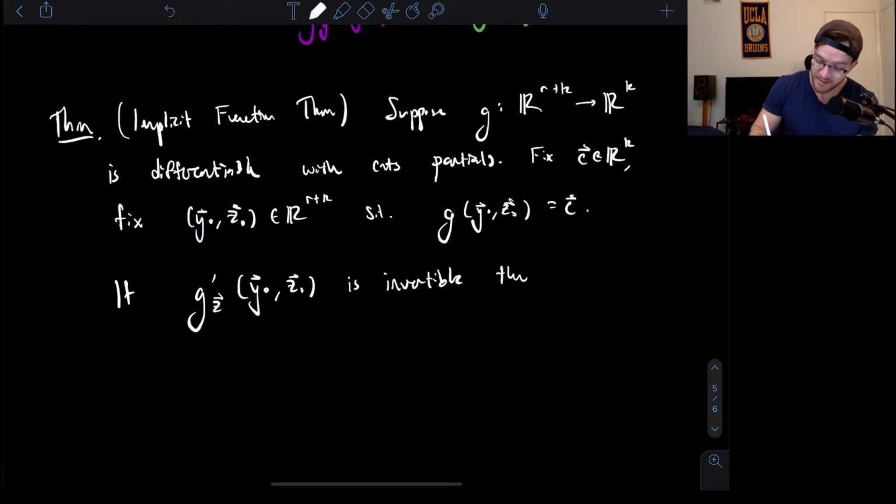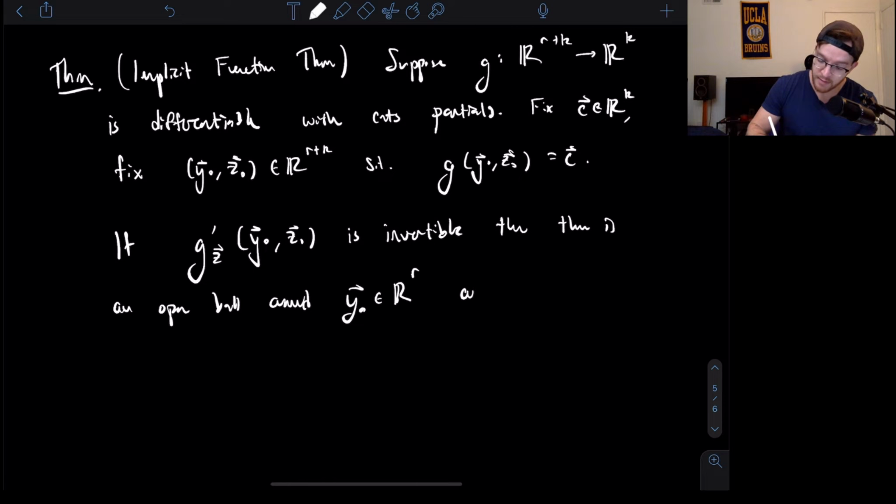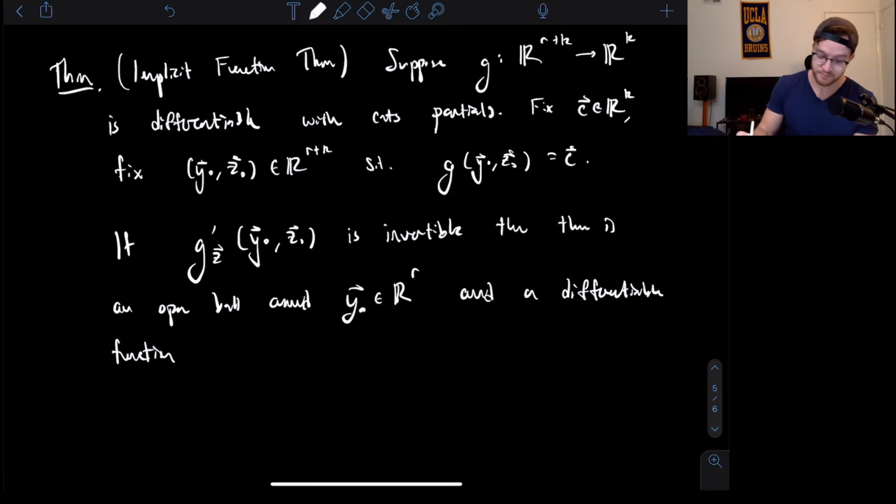Then there is an open ball around y naught, which is just an element of R^r. So maybe I'll call my open ball U. So there's an open ball and a differentiable function phi.